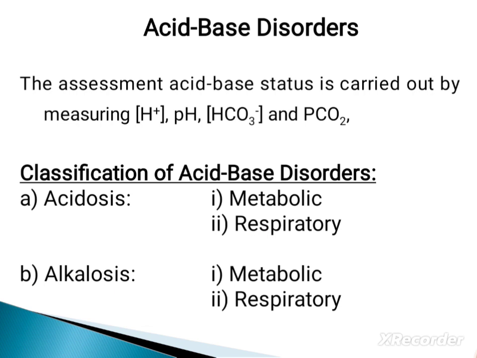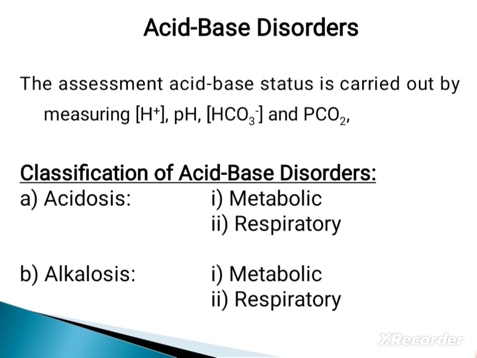So, by determining pH, we can grossly classify acid-base disorder. There are two types of acid-base disorder. One is simple acid-base disorder, one is mixed pattern. We will discuss mixed pattern later. So simple acid-base disorder we can divide into two: acidosis, decreased pH; alkalosis, increased pH.